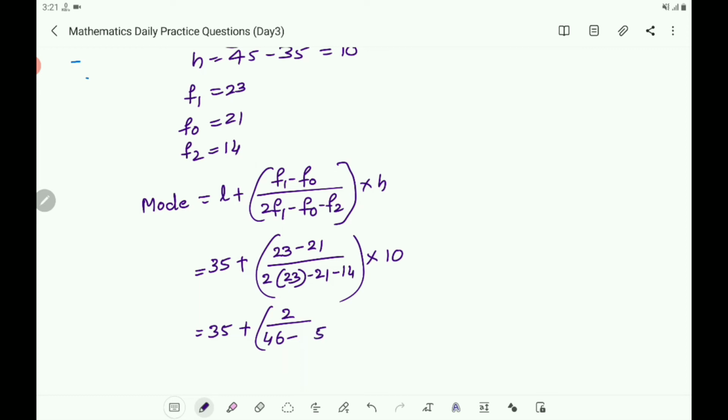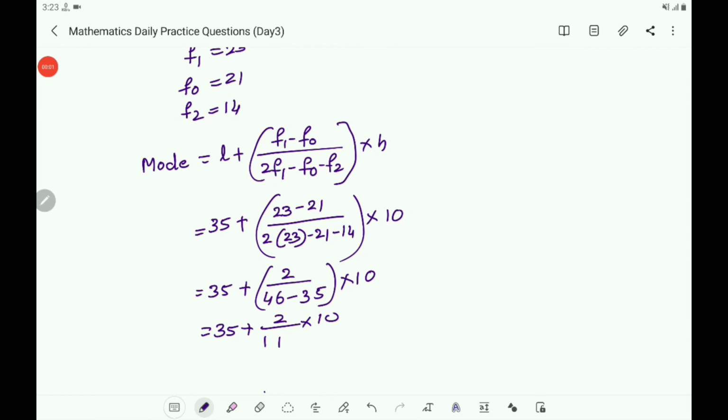So 2 by 46 minus 35, that is 11, into 10. That equals 35 plus 2 tens are 20, 20 by 11.